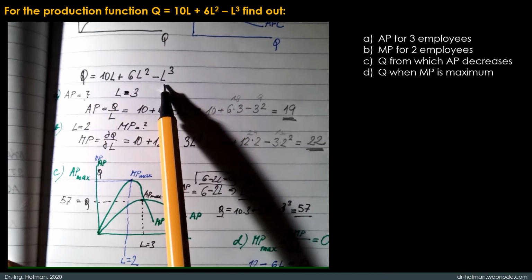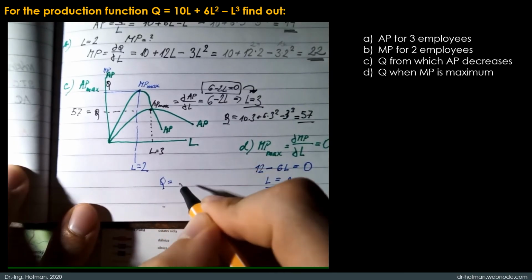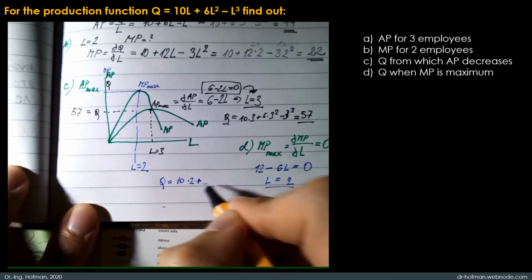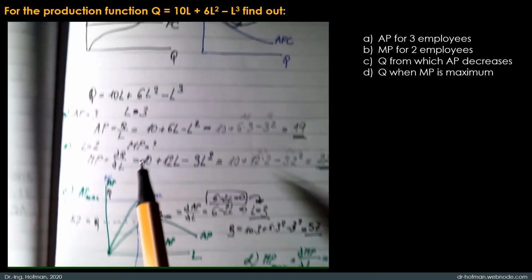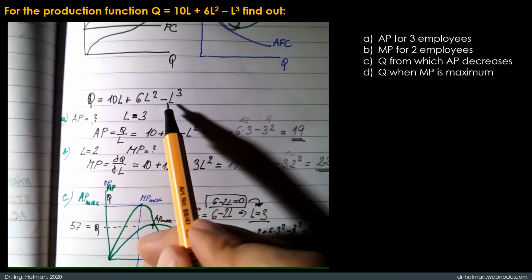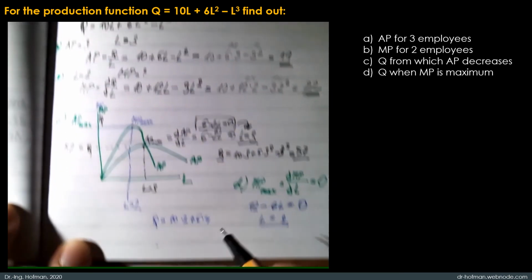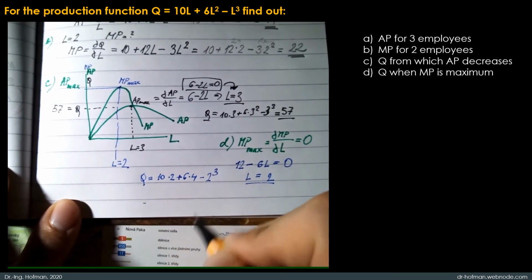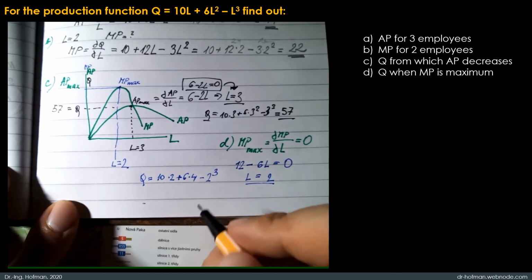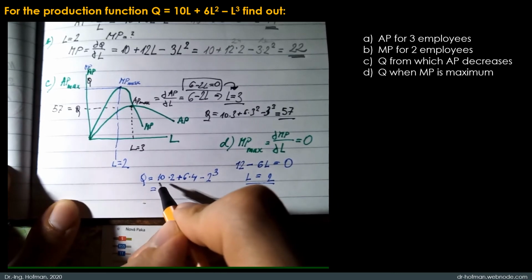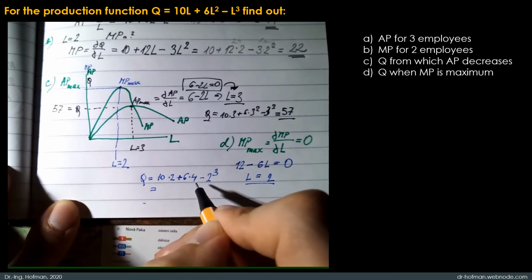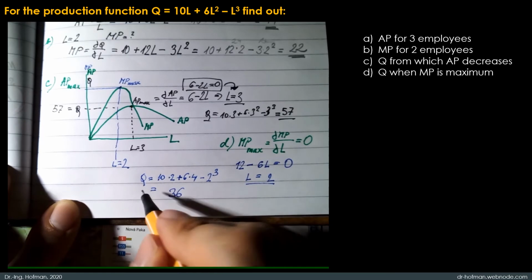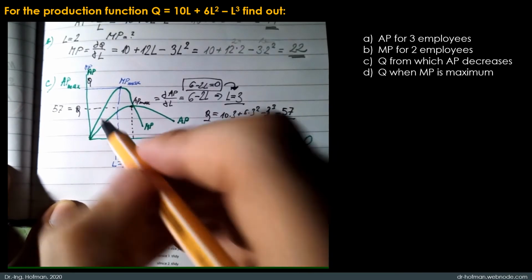Now let's use the L equals 2 in this expression of total product to get the other coordinate Q. It means 10 times 2 plus 6 times 4 minus 2 to the 3, which is 20 plus 24 minus 8, which equals 36.